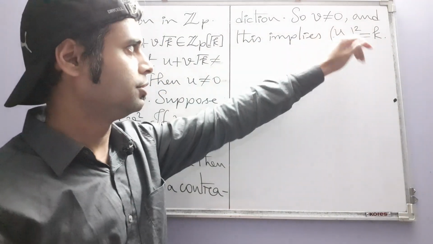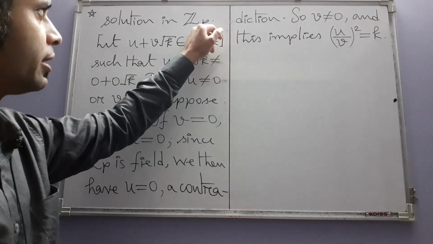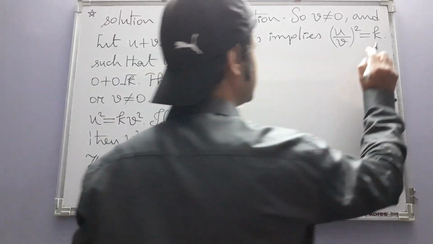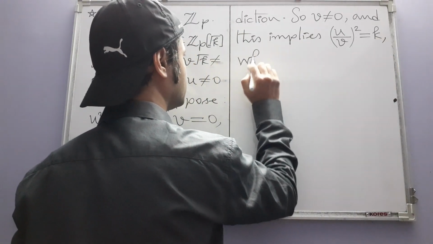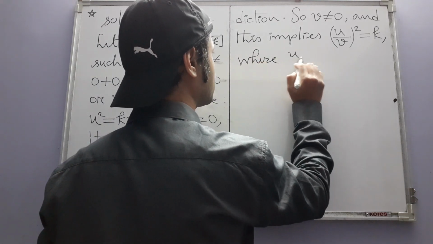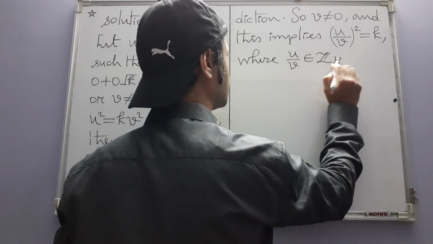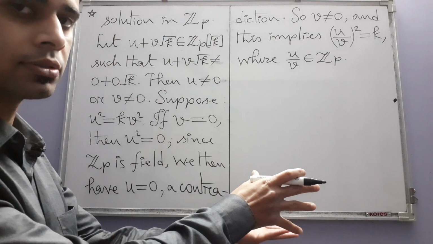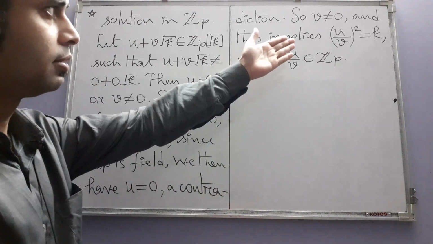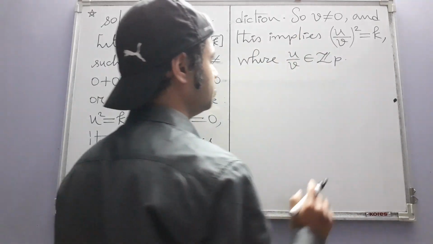Where U divided by V is obviously an element in ZP. Let's write that. But this is a direct violation of what we assumed there, that the equation x square equal to k has no solution in ZP.